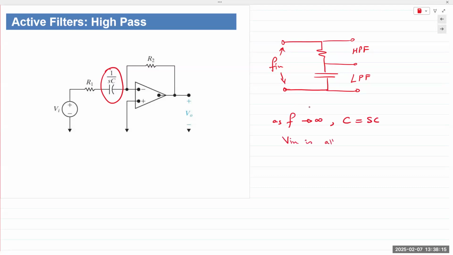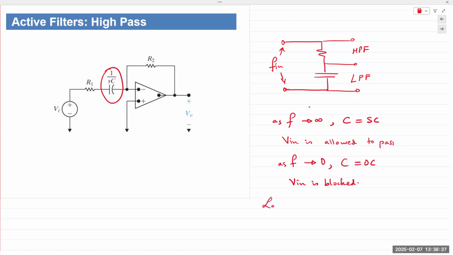V in is allowed to pass through. As F tends towards 0, capacitor behaves like an open circuit. V in is blocked.